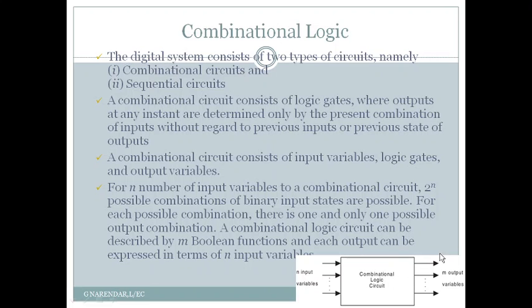Since there are m output variables, each output variable is described by one Boolean function. So this general combinational logic circuit is described by m Boolean functions, each for one output variable, and each Boolean function is expressed in terms of n input variables. So this is what is meant by a combinational logic circuit.